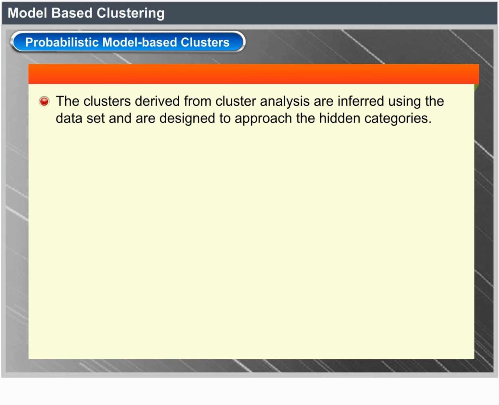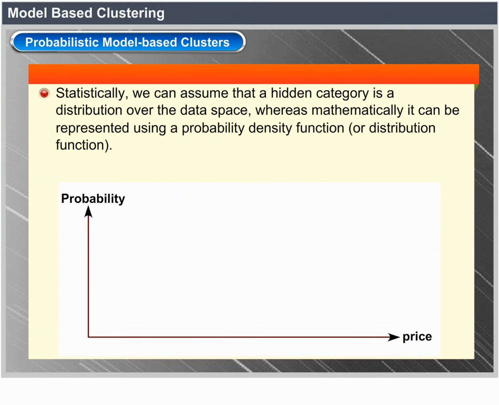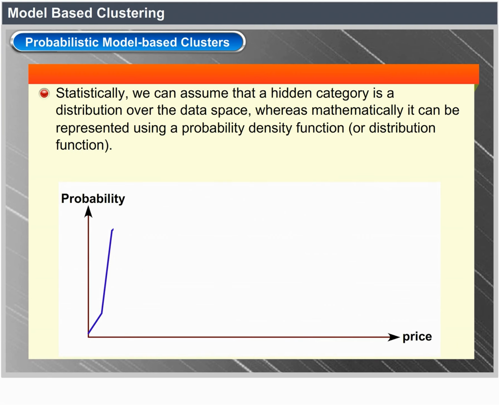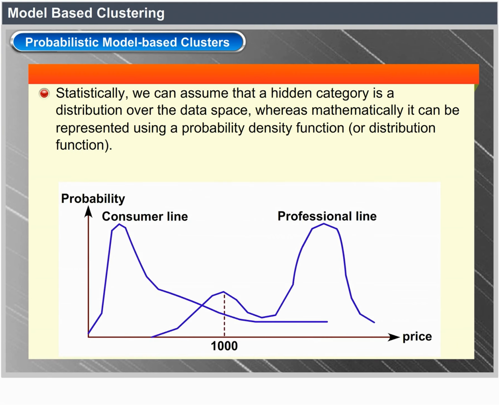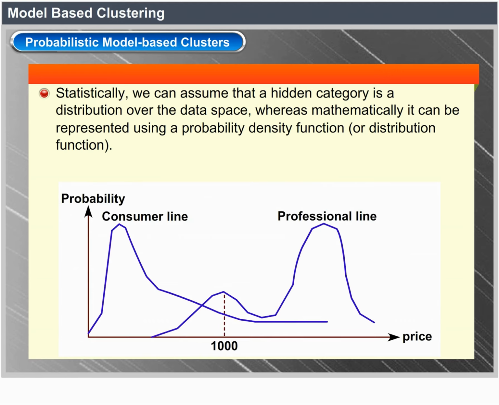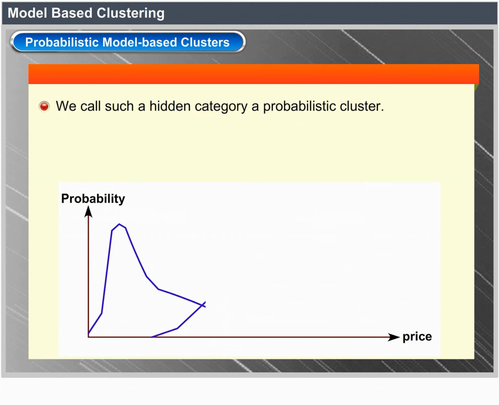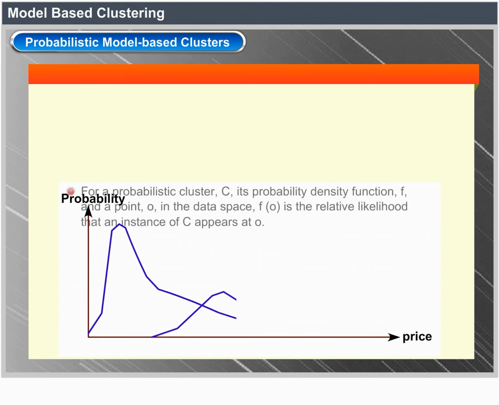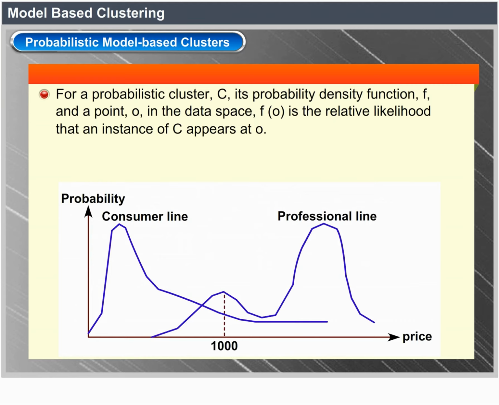Statistically, we can assume that a hidden category is a distribution over the data space, which can be mathematically represented using a probability density function or distribution function. We call such a hidden category a probabilistic cluster. For a probabilistic cluster C, its probability density function f and a point O in the data space, f(O) is the relative likelihood that an instance of C appears at O.